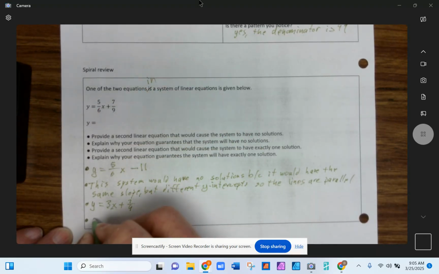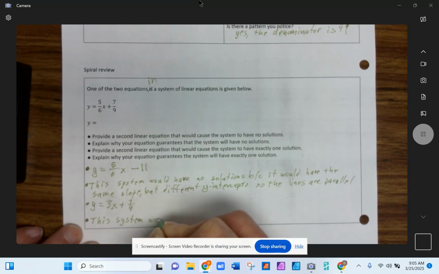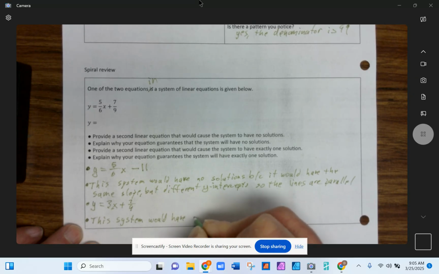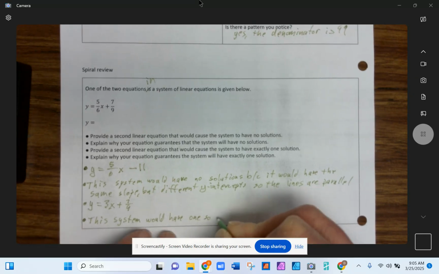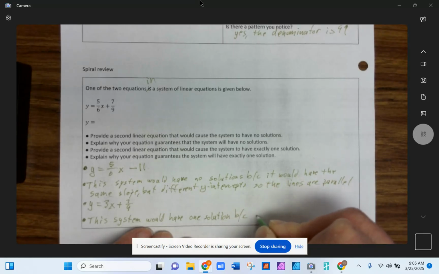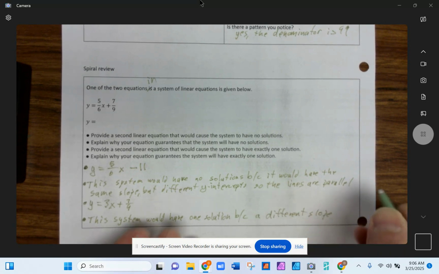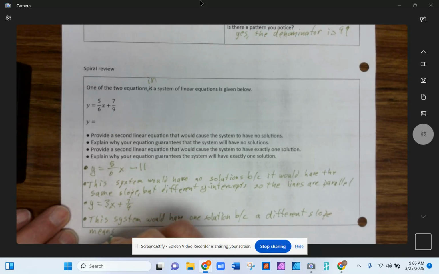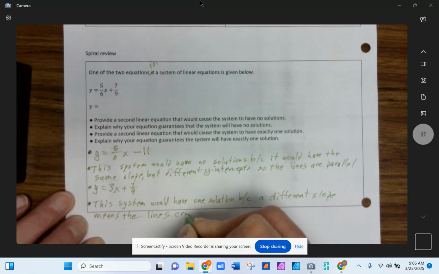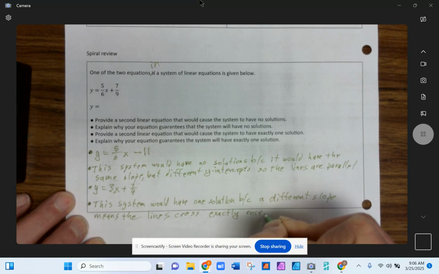And the reason this system would have one solution is because a different slope means the lines cross exactly once. Okay.